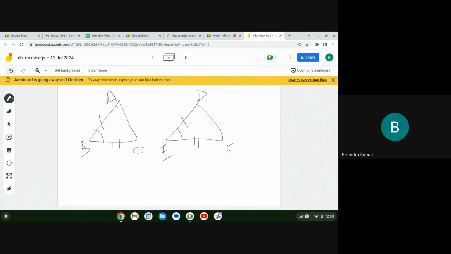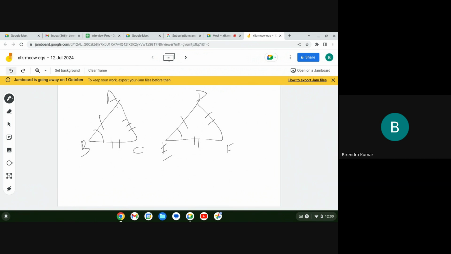Now, if I can prove this side and this side are the same, then these two triangles will be congruent because we know SSS is a proven thing that we have seen, right?